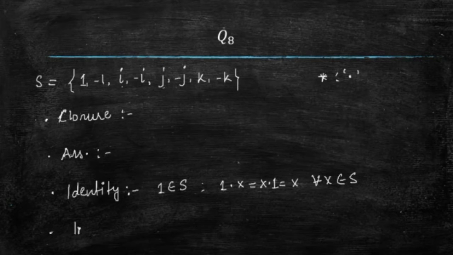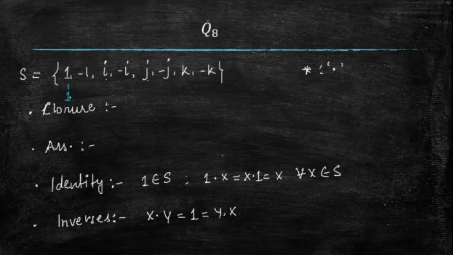And lastly, inverses. So for inverses, find out the inverse of each element separately. What is an inverse? If you multiply x, any element of S, with another element y in S, you should get 1 back. Writing the inverses of the elements here only. If you multiply 1 by 1, you will get 1, and hence 1 is a self-inverse element.